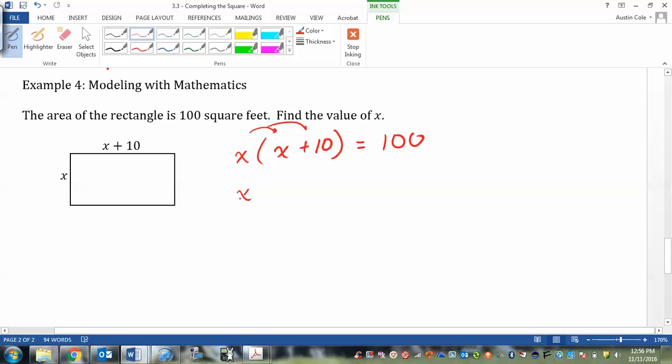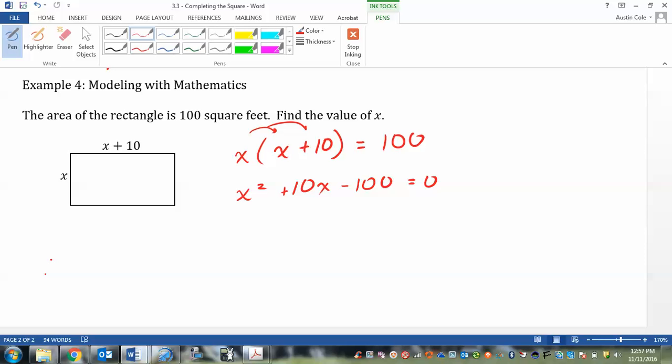I'm going to distribute that and get x squared plus 10x, and I'm going to move 100 to the other side, so minus 100. So now I have a quadratic and it's set equal to 0. Now let's solve that thing. Those values of x will give me what x represents here in this picture.